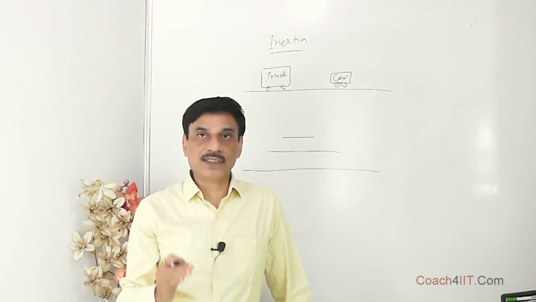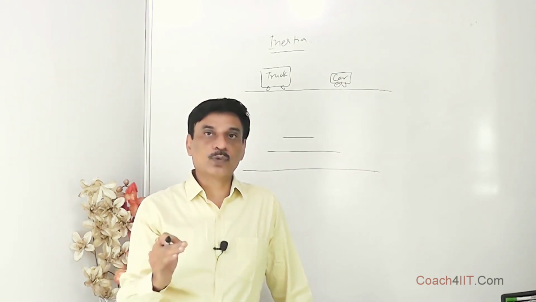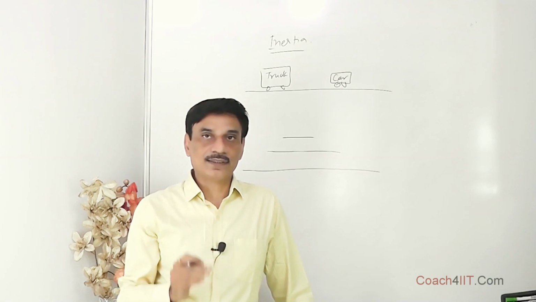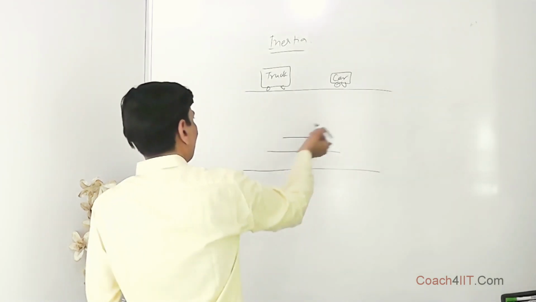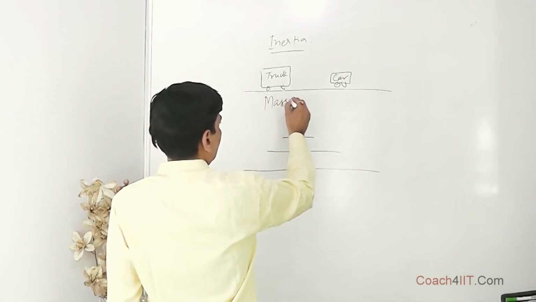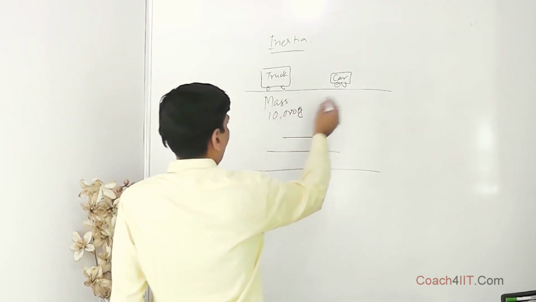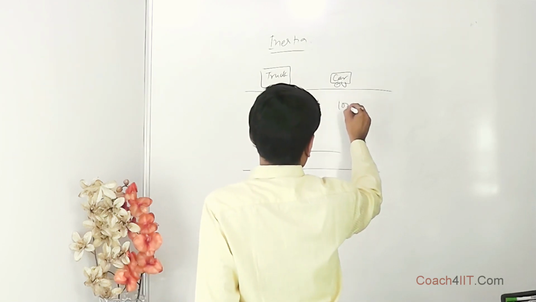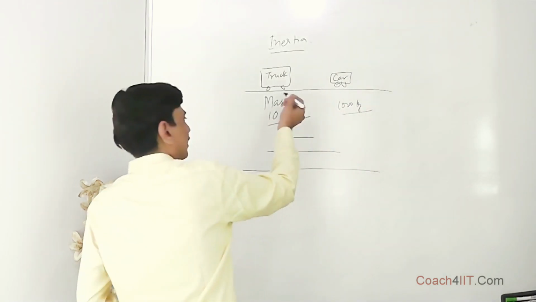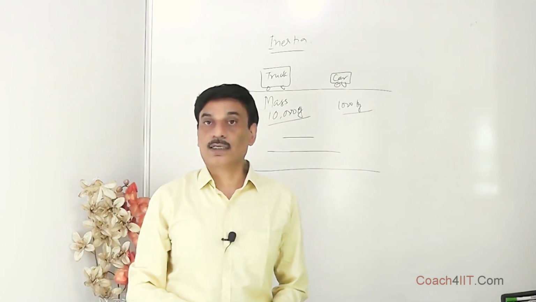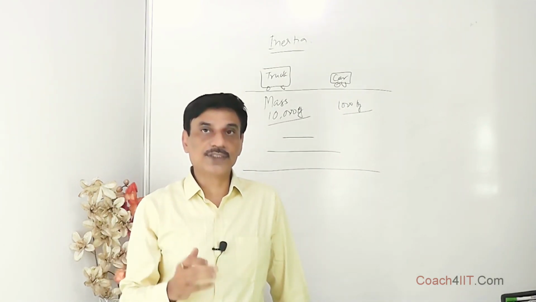In science, we want to be very specific, so how do we quantify it? We quantify it using the word mass. Suppose the mass of this is 10,000 kg and the mass of this is 1000 kg. So it is clear that if the mass is more, then the linear inertia is more.